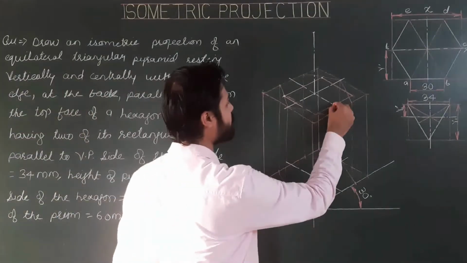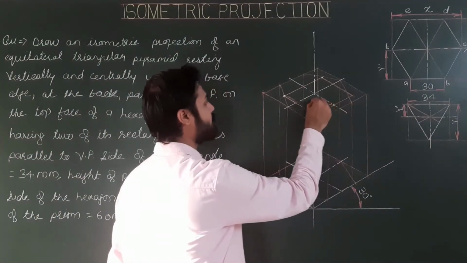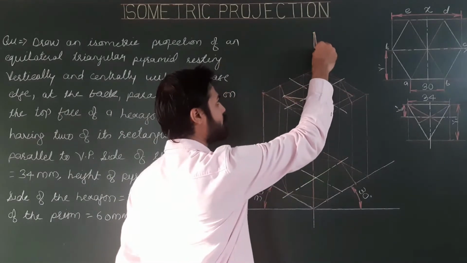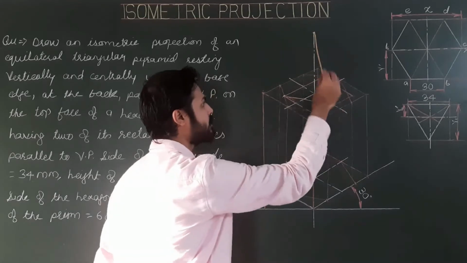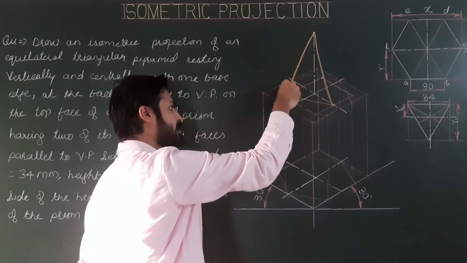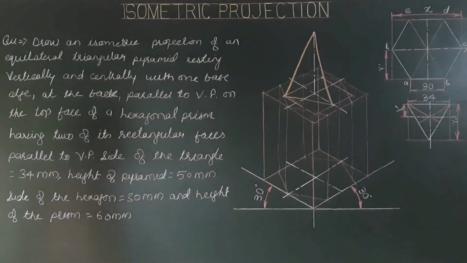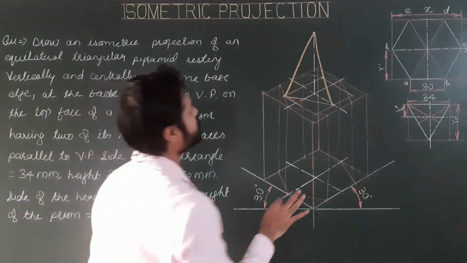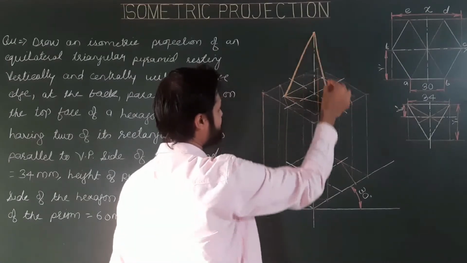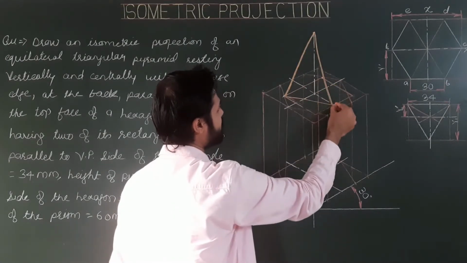So showing all visible sides and generators. Now it's up to you. Please decide whether this generator will dominate or this side is dominating.